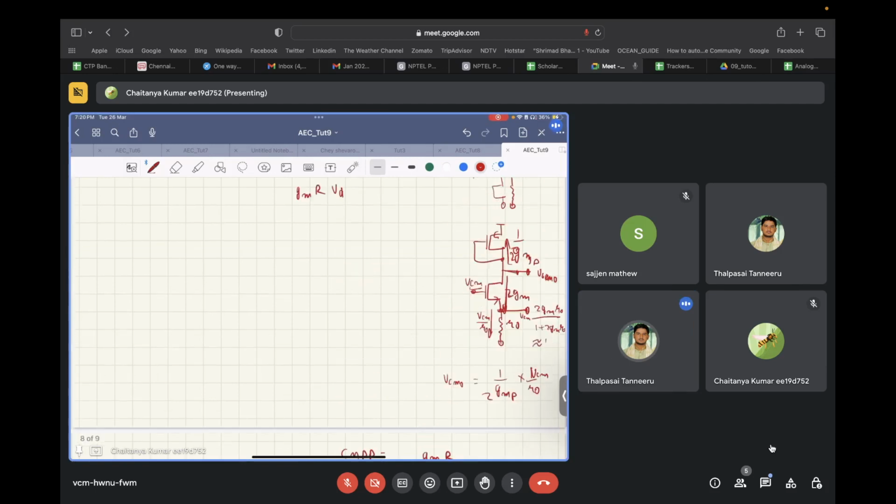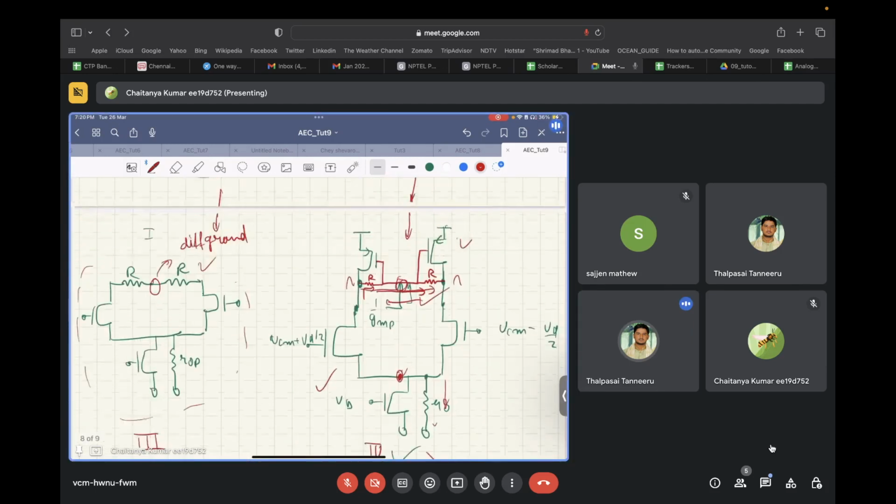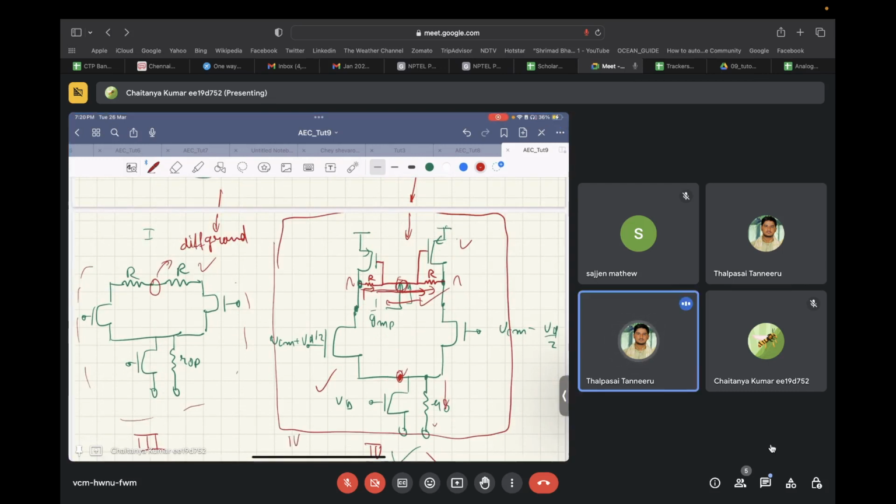So by using this particular topology, circuit 4 over here, you get different loads: a higher load for the differential circuit and a lower load for the common mode circuit, due to which you get a better common mode rejection ratio than the simple resistive load.